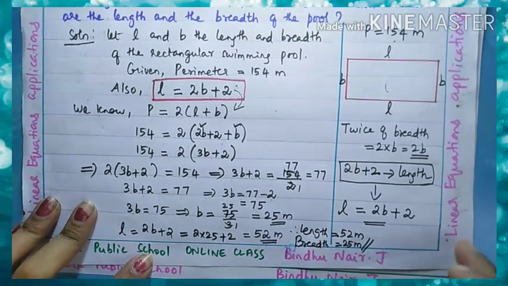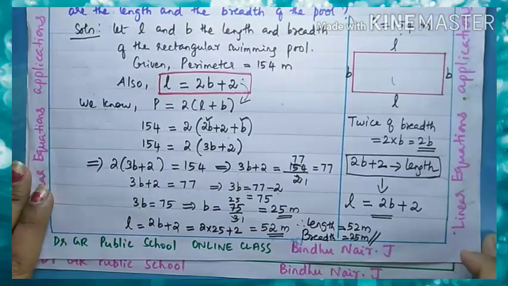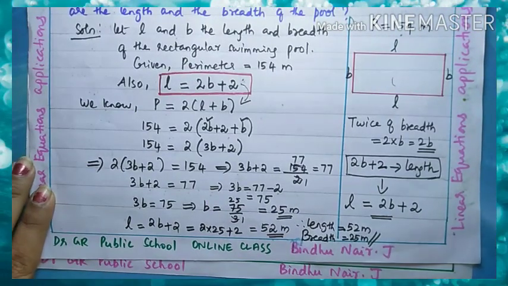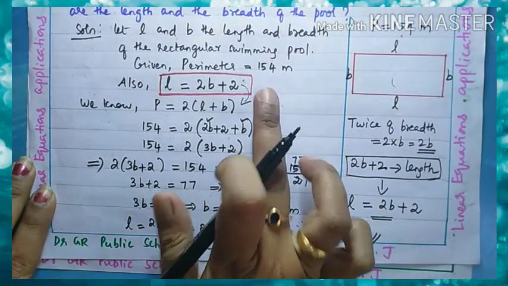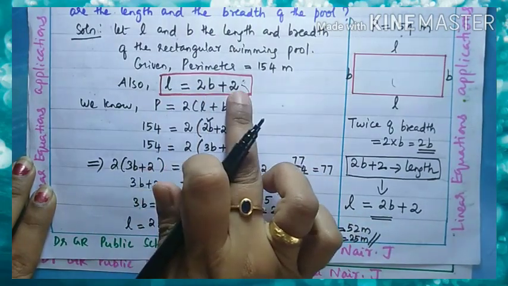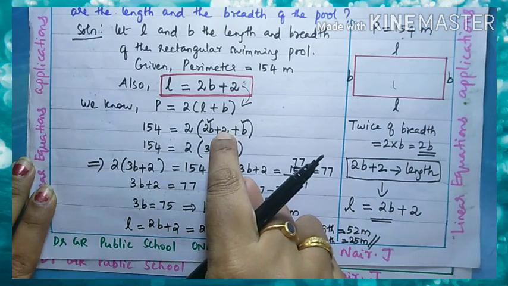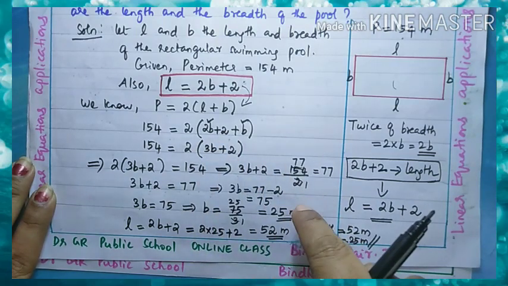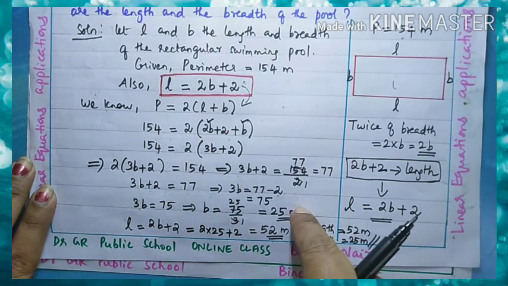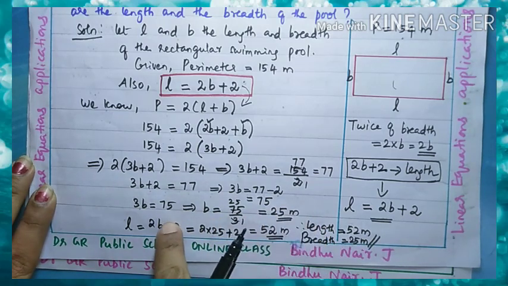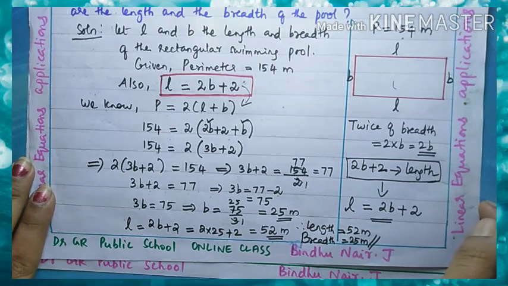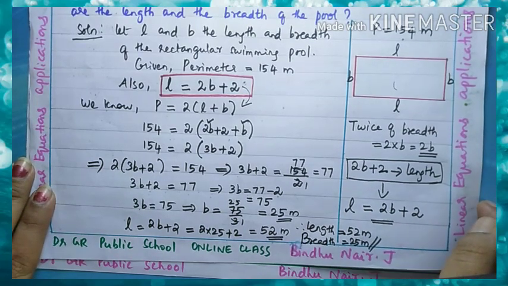That is the required answer of the problem. Here the perimeter and a relation between length and breadth are given. Using that relation we put it in the equation and find the value of b first. Then using the value of b we find the length. So we got the answer. Okay, children?